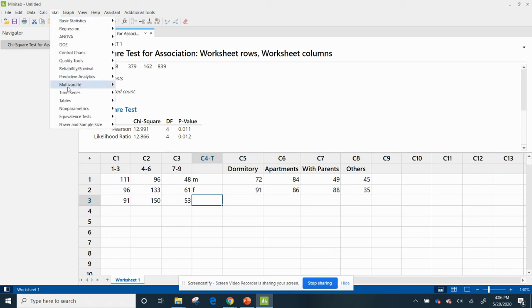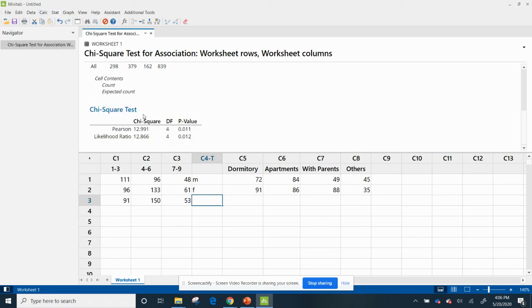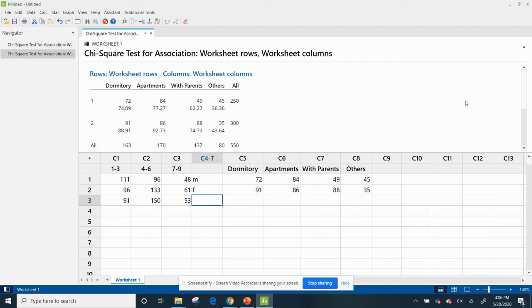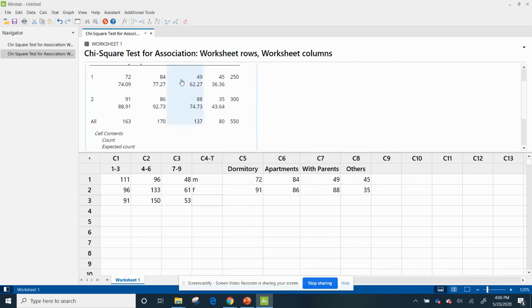I'm going to go to Tables, Chi-Square Test for Association. I already had old data in there, so I'm going to get rid of it. Now I'm going to put in dorm, apartments, with parents, and other, and then hit OK. Again, it gives me the observed and the expected counts, and the totals in each way.